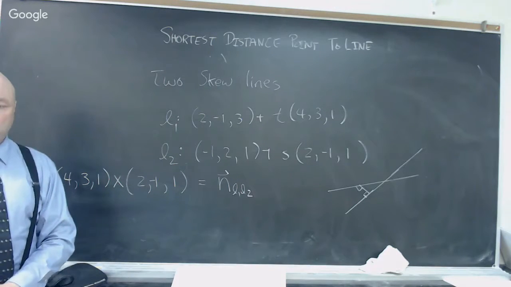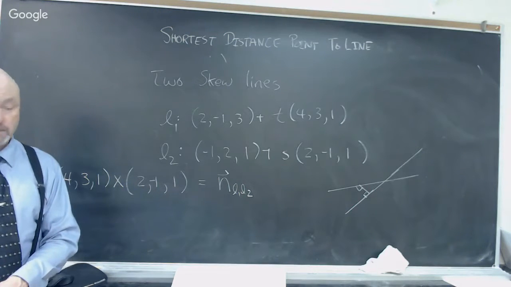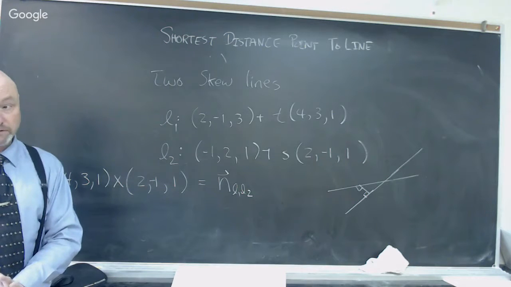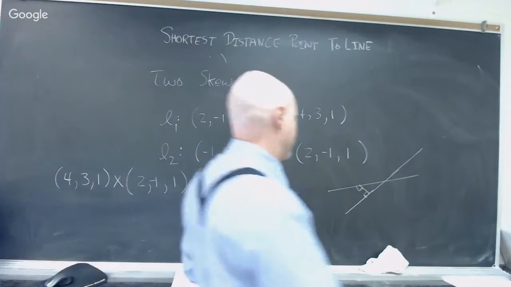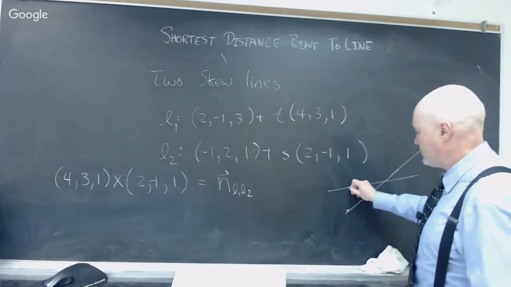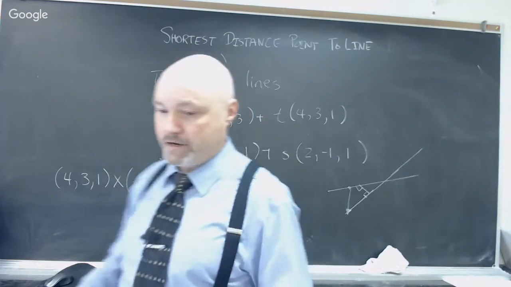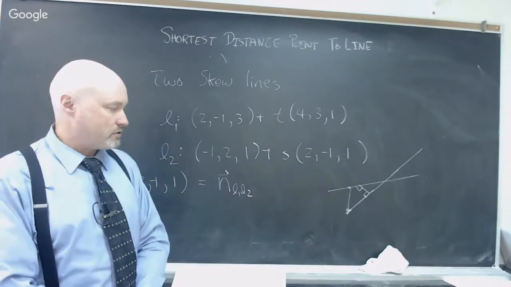That is going to be the normal line to both of those skew lines. Now that's not good enough. I'm not done. I've only found a normal vector. The last thing I have to do is project some arbitrary vector onto that normal vector, and I should be okay then. Just find the magnitude of the projection.